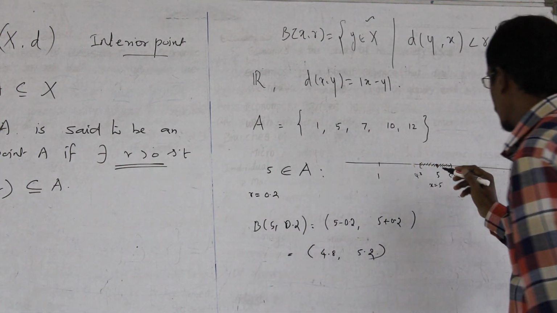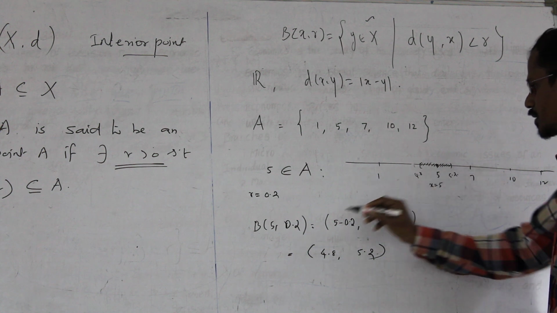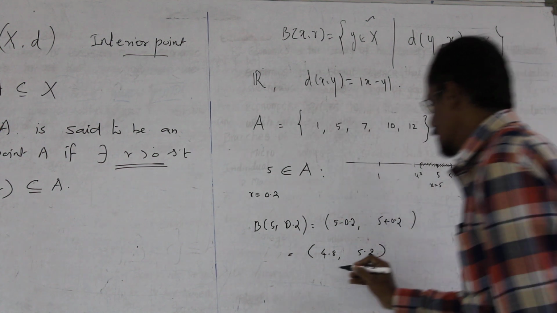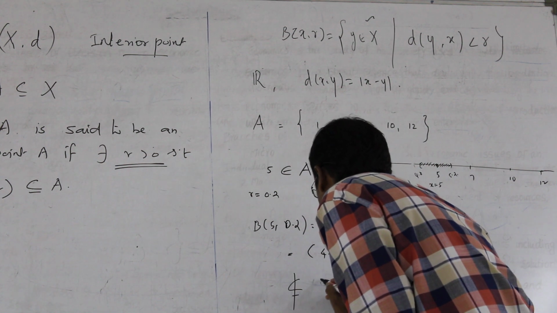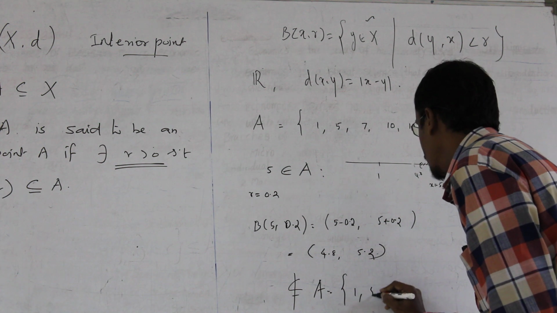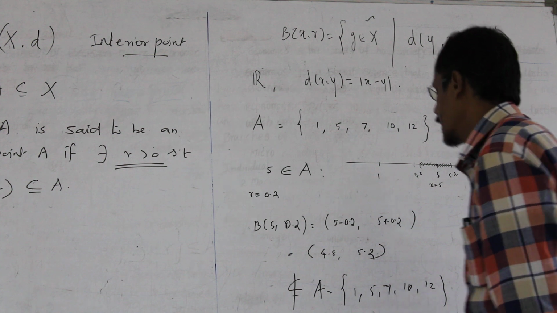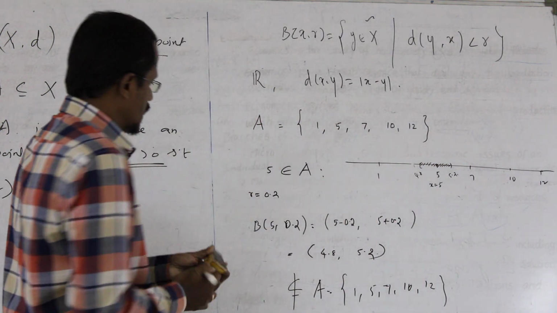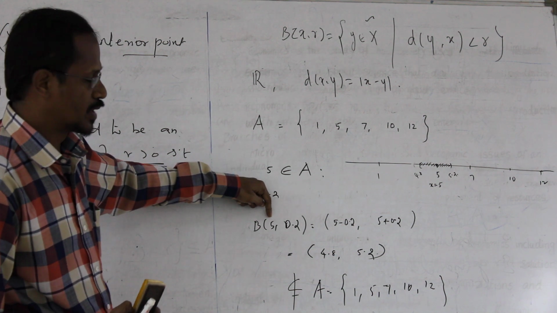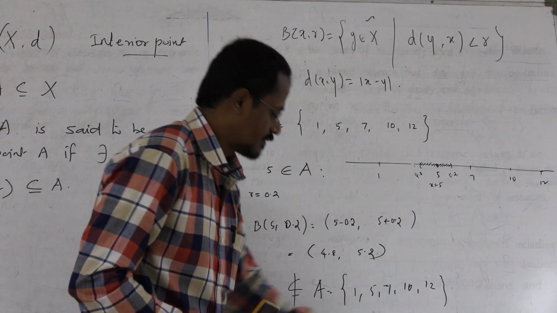Note that there are many points in that open ball which are not in A. So this is definitely not a subset of A, because A consists of only five points: 1, 5, 7, 10, 12. For this radius, the open ball centered at 5 is not a subset of A.